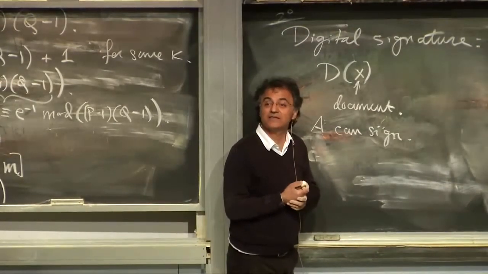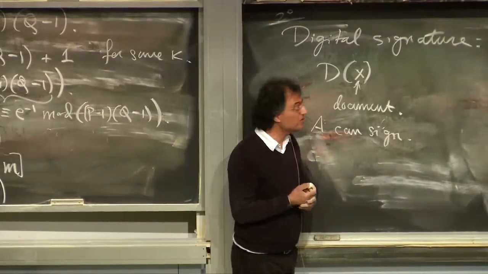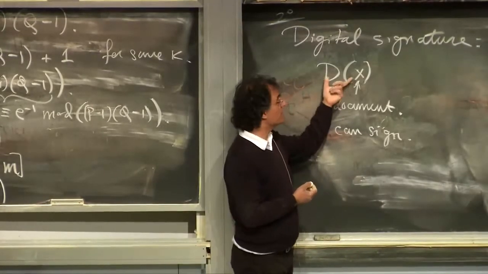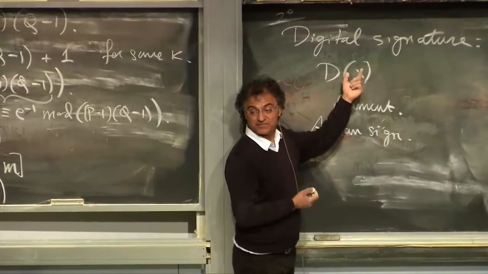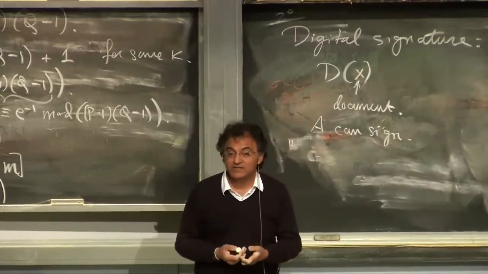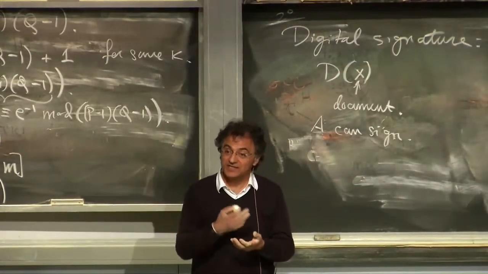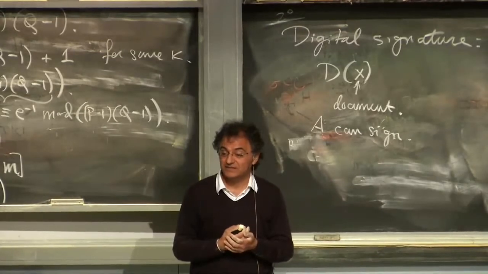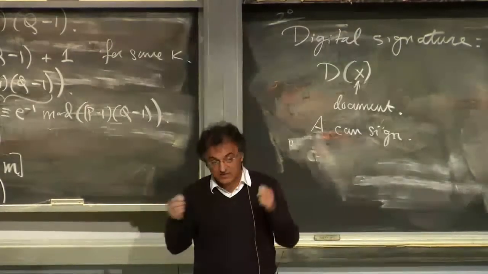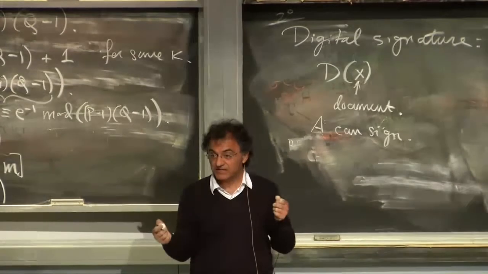Yeah. You could encrypt it back. Right? So once you encrypt it back, you get back X, and that's your document. And that's your proof that it was decrypted. Because RSA is a bijection.